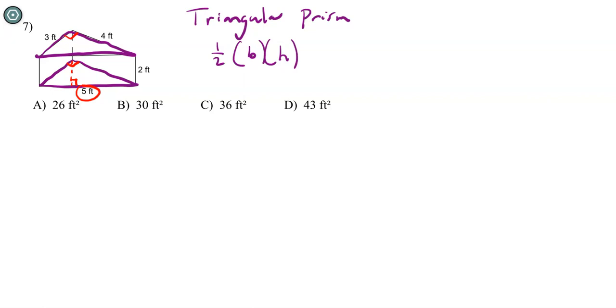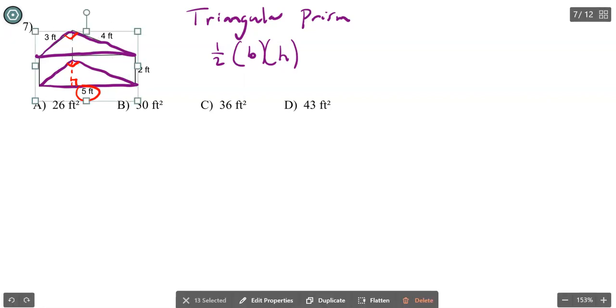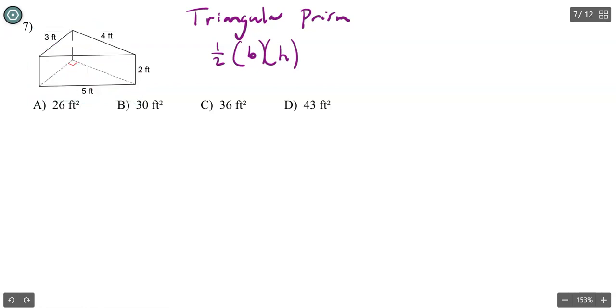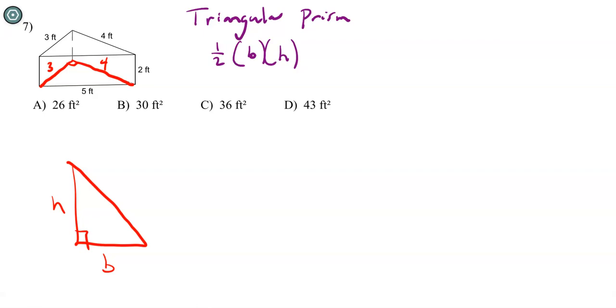Now, the cool thing about a right triangle is that the base and the height are actually two of the sides. So I'm going to use one of these as my base, and the other one is my height. Picture this triangle standing this way, just rotate it in your mind. I'm going to use this 3 as the base and this 4 as the height. So for my triangle, let's go back to the original equation.